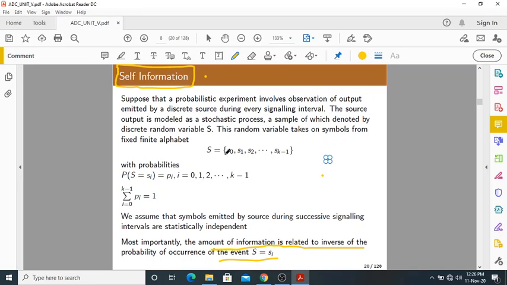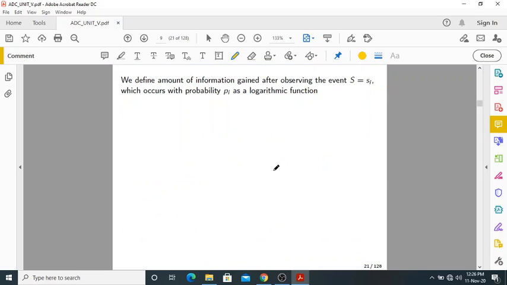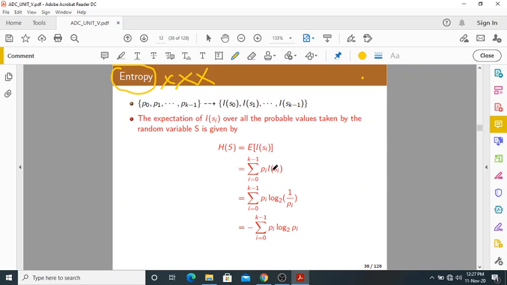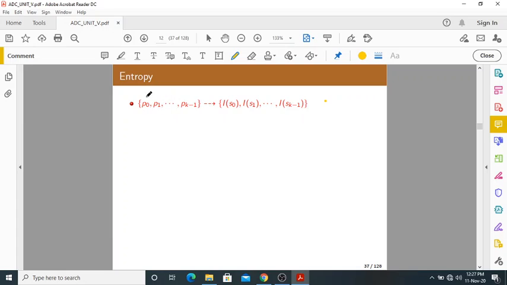What symbols is it emitting? S0, S1, S2, up to Sk-1 with the probabilities P0, P1, P2, so on, up to Pk-1. So these are the probabilities of each and every symbol.